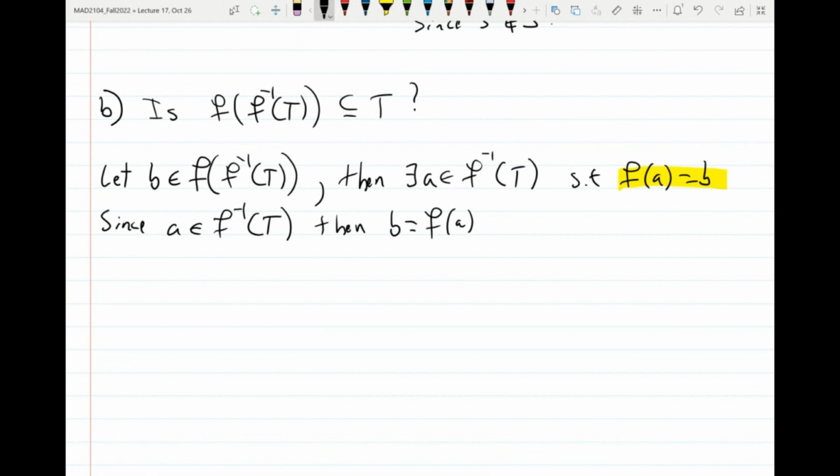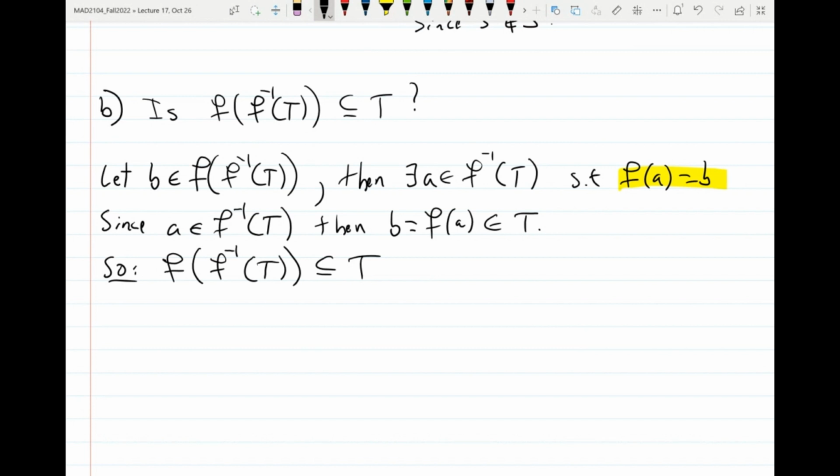So then b, which is f of a, will be an element of T. So a is in the inverse image of T, then if I apply f to a, it goes to T, right? But f of a is just b. We started with b here, and then we showed that b is in T. Okay? So, yes. If you play this game, at least this will be a subset. So what we can say for sure is that it will be inside of T.